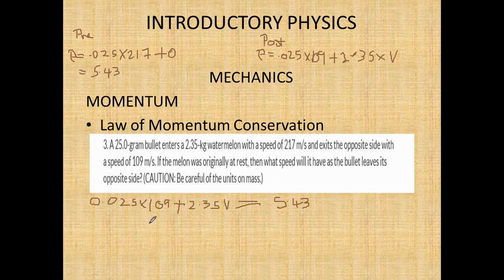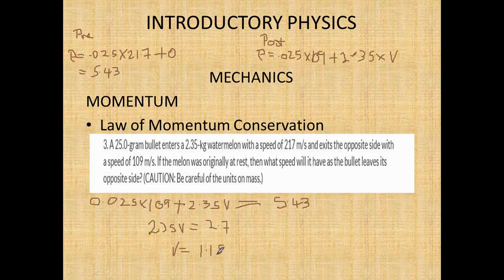So you're going to get 2.35 V, and when you subtract this from that, you're going to get 2.7. So when you solve for V, V is 1.15 meters per second.